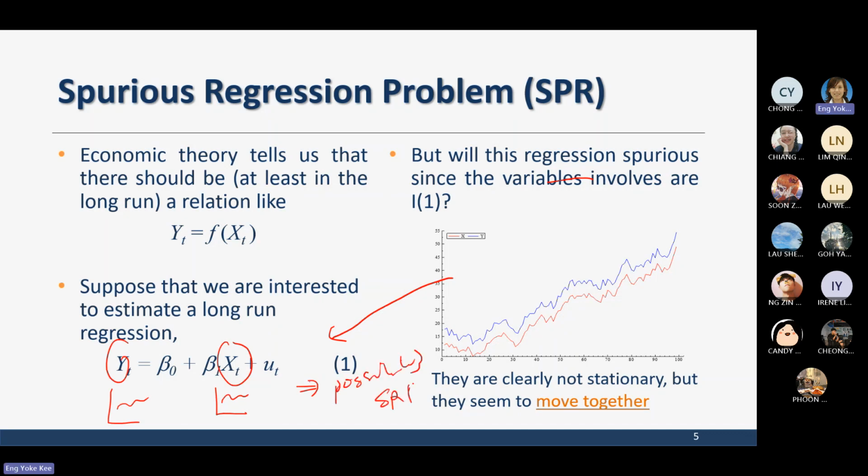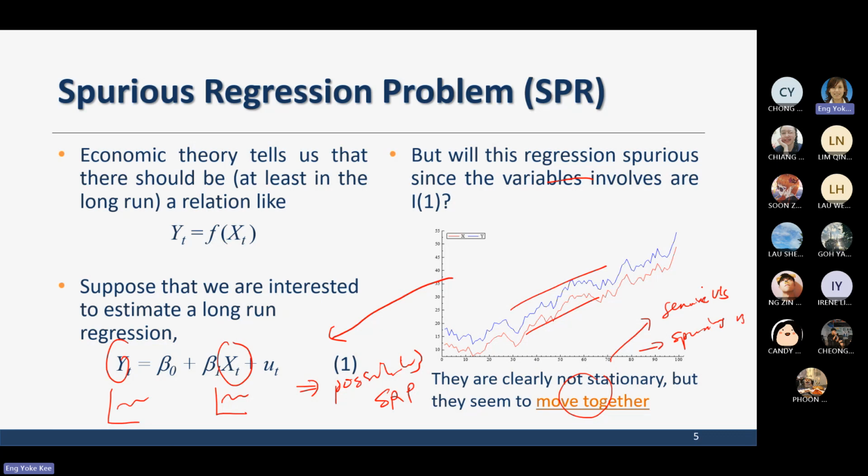spurious regression problem. So what is the spurious regression problem? For any sets of variables, as long as they show a similar pattern, I go up, you also go up. We do not know whether this relationship or co-movement is due to a genuine relationship between the two variables, or whether it is a spurious regression.